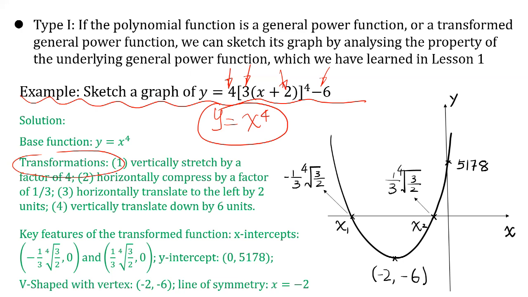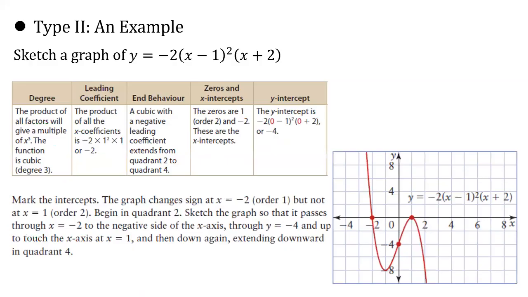And after the transformation, usually we'll need to clearly label all the x and y intercepts as well as the vertex if applicable, right? Okay, next let's have a look at the second type. For example, if we have a more general polynomial function like this in a factored form. So first of all, we need to gather all the information here, right?